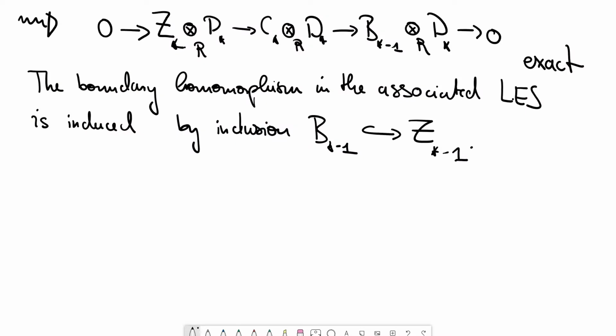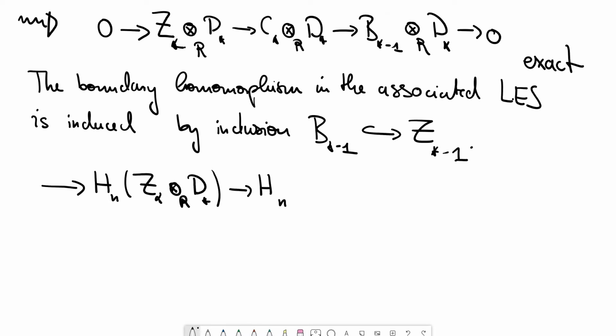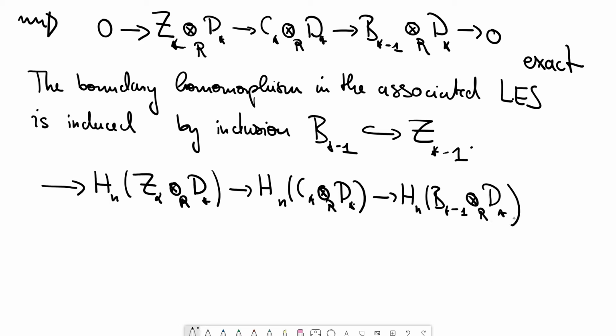So let's write part of this long exact sequence. Maybe let's give this a name.